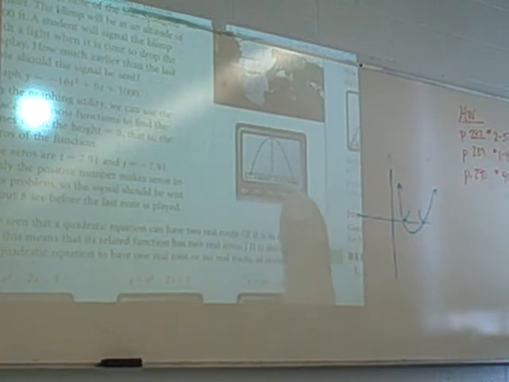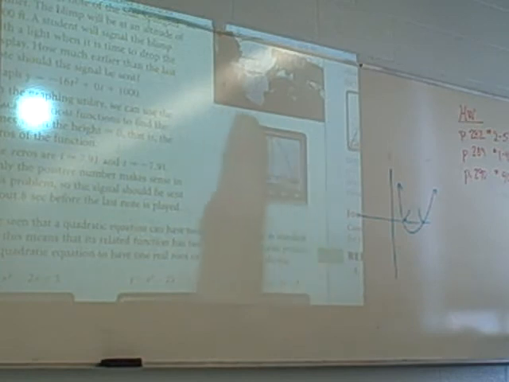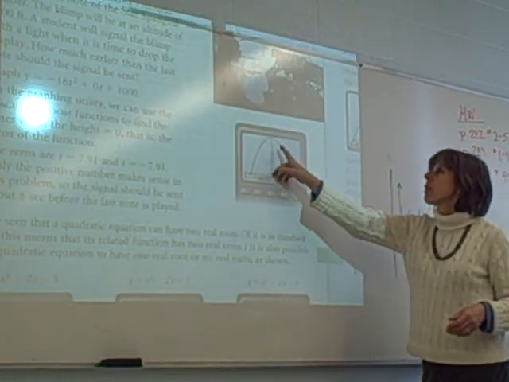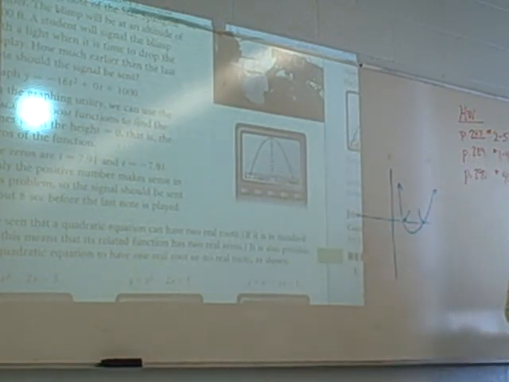How many seconds for the ball to hit the ground. So again, that equation models the path that the ball would take, or how long it would take.